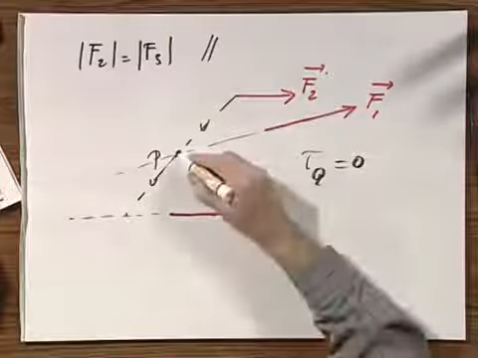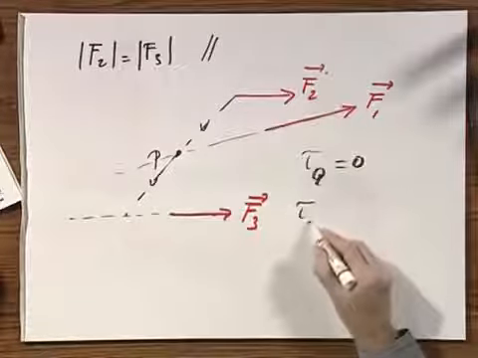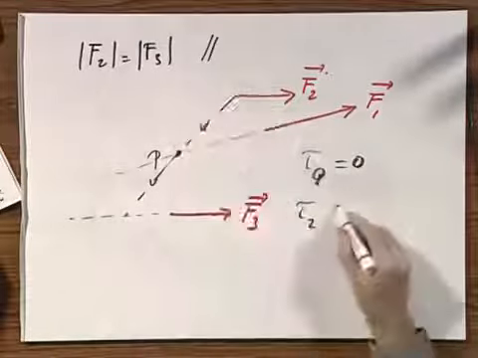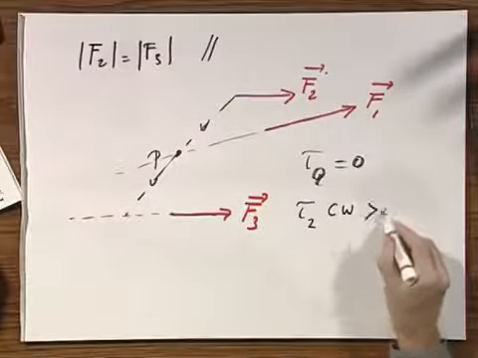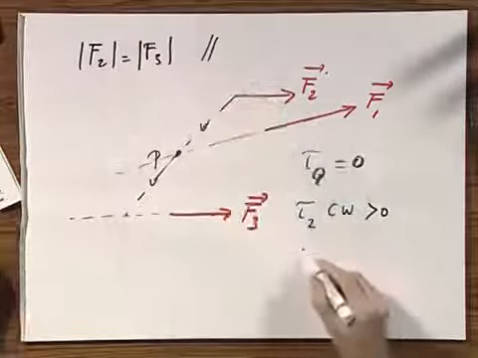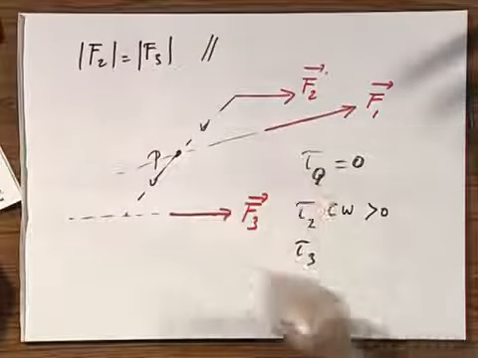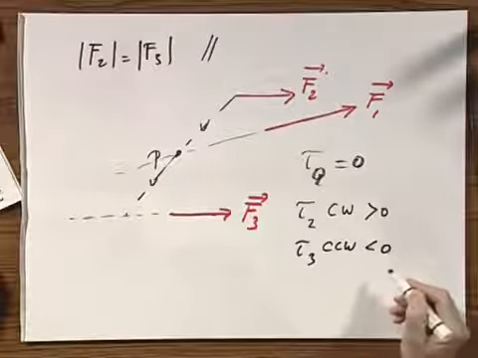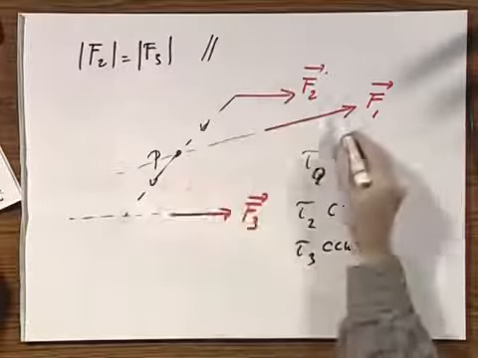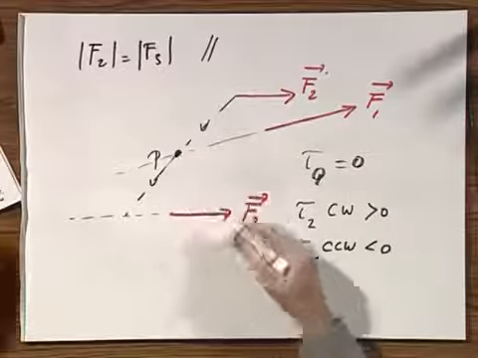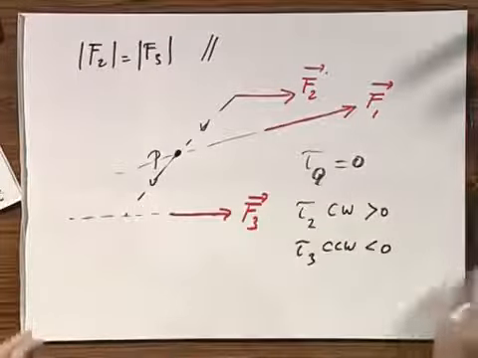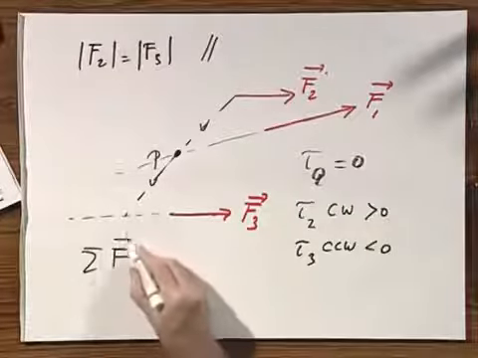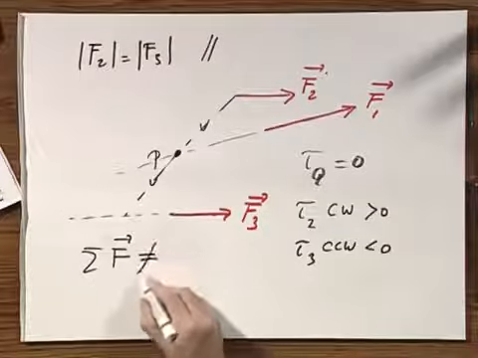If I think of the torque relative to P due to force 2, which gives me a rotation, it is a clockwise rotation, the torque would be larger than 0. Then you can immediately see that tau 3, if F3 and F2 have the same magnitude, is a counterclockwise rotation. It is negative, the torque, and the two cancel each other. And F1 goes straight through P, so r perpendicular is 0, so clearly there is no contribution to the torque due to F1. I want you to notice, though, that the sum of all forces is not 0.